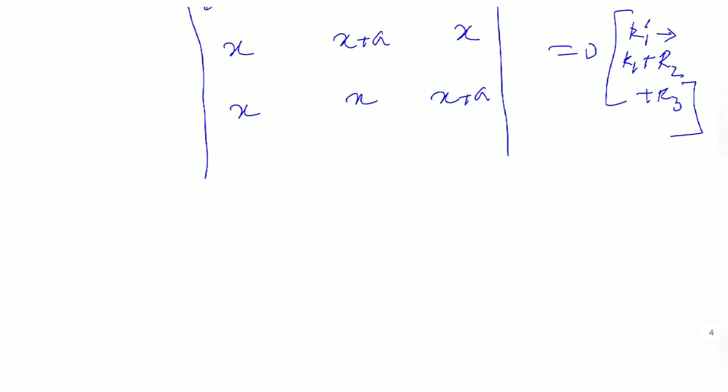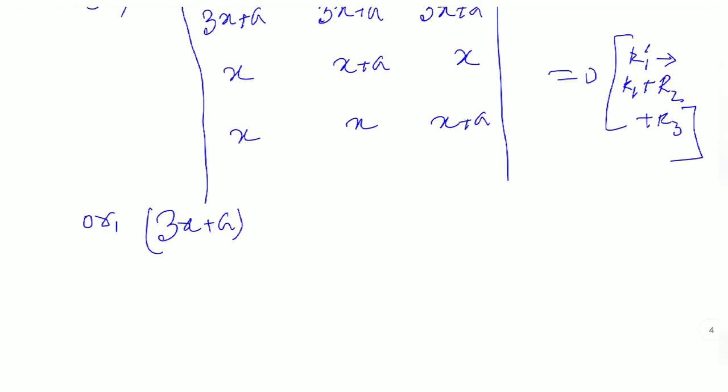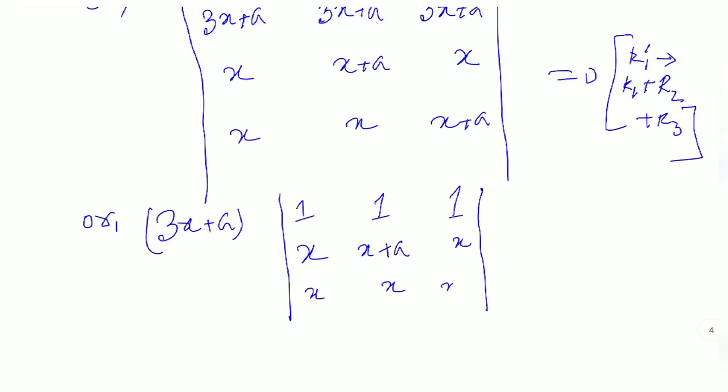Now take that 3x plus a common. Then what you will have is 1 1 1, x plus a, x and x, and x plus a, equal to 0.